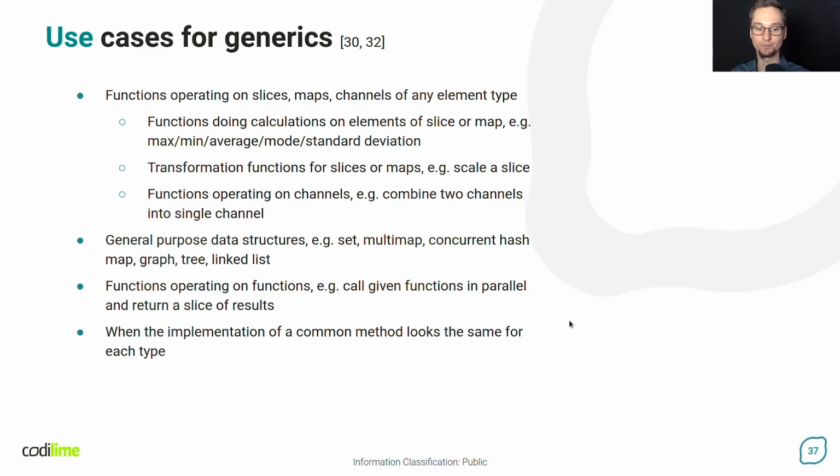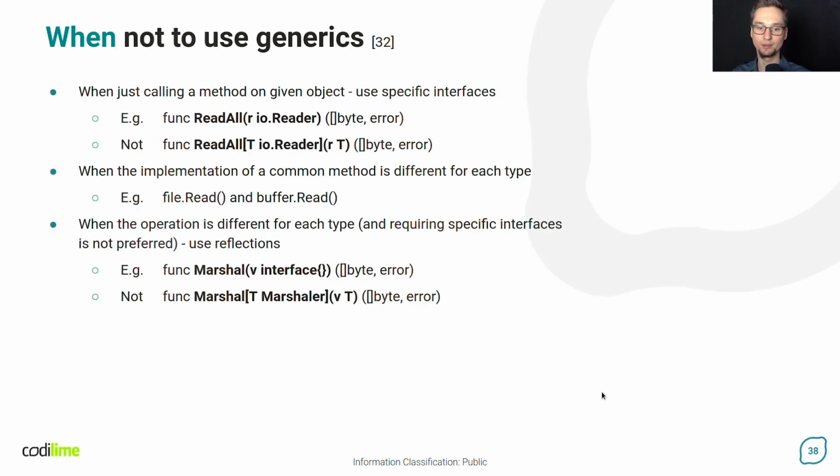Basically, generics are useful everywhere when the implementation of a common method looks the same for each type. But not in all places generics are useful. For example, in multiple cases, using plain interfaces is enough.